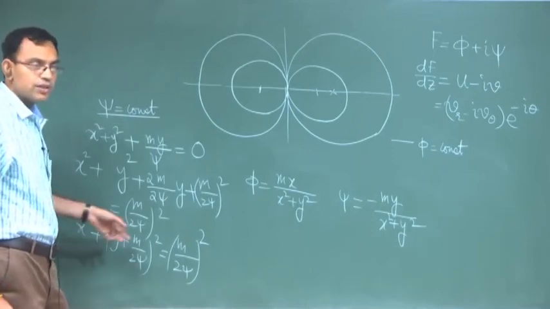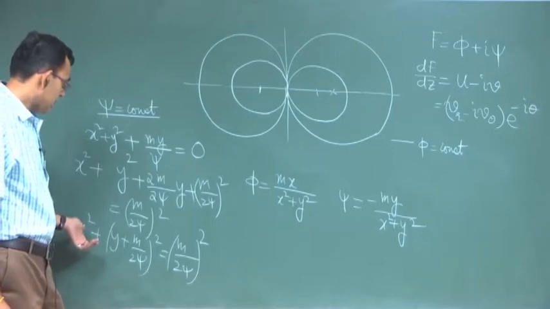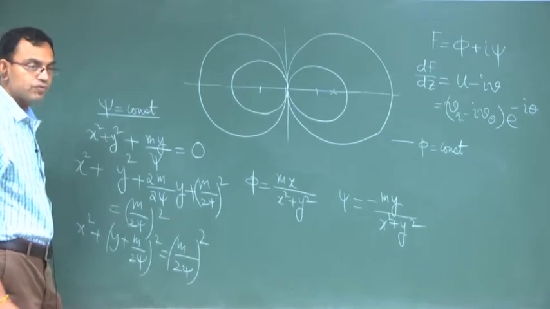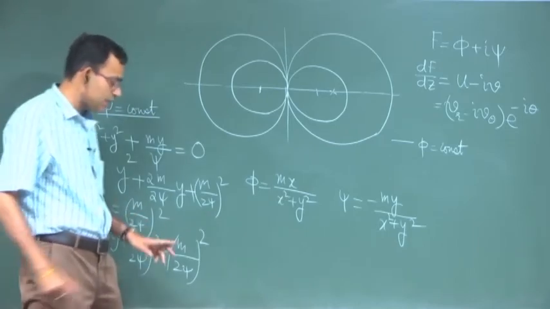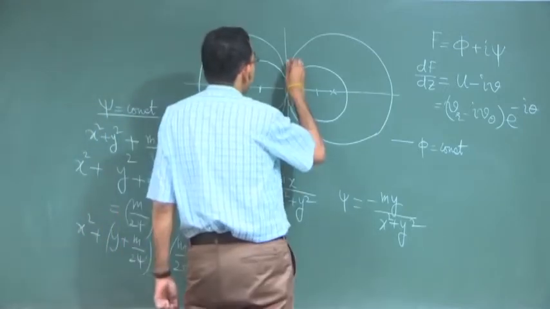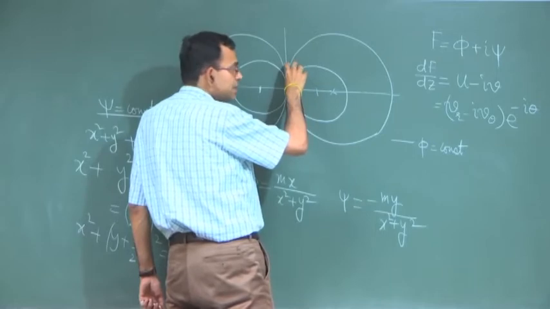So, this is also equation of a circle with center at x equal to 0 and y equal to minus m by 2 psi. So, that is on the y axis and radius is m by 2 psi. So, it will be something like this. So, if this be the center, this much will be the radius.